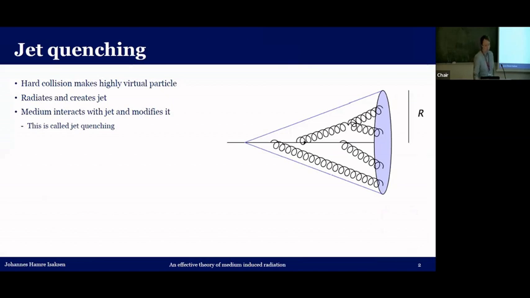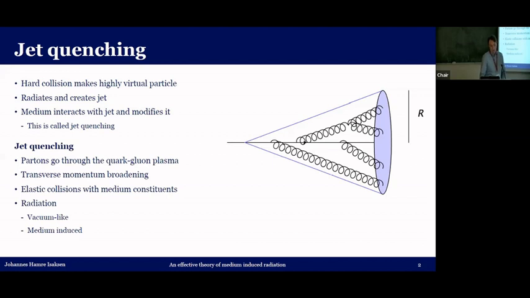Just starting with some simple stuff, jet quenching. When you smash these particles together, you get the quark-gluon plasma. Sometimes you get a hard collision and a highly virtual particle, and this will radiate and create a jet, as you can see here. But in the quark-gluon plasma, the medium will interact with it and modify the jet, and that's jet quenching.